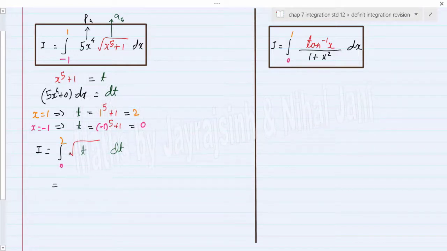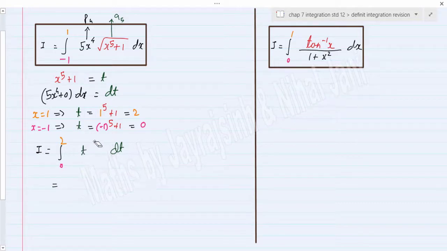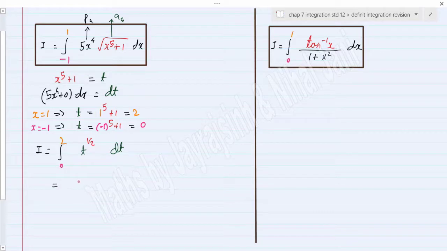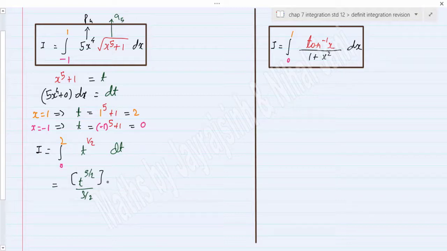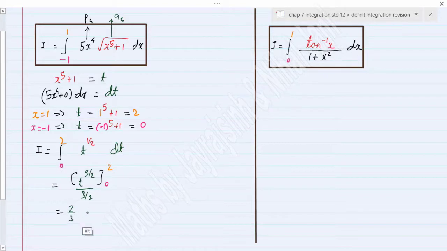Simply we have to integrate under root of t, which is nothing but t raised to 1 by 2. So integration of t raised to 1 by 2 will be t raised to 3 by 2 upon 3 by 2, and our limits are from 0 to 2. So now this 2 by 3 will be as it is.